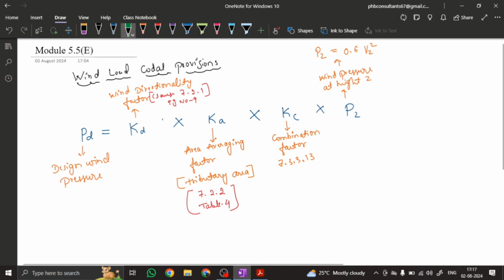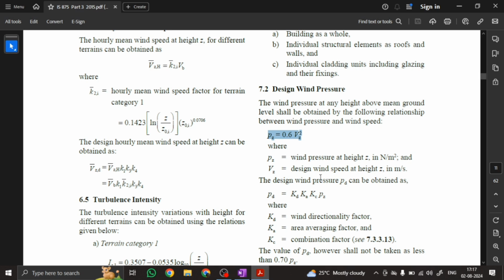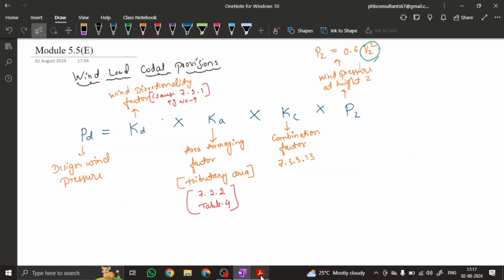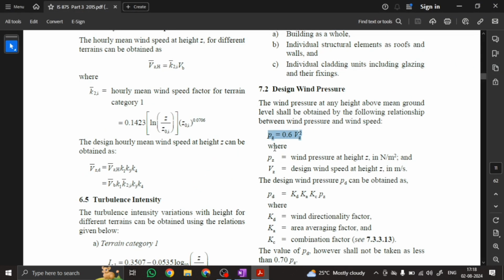Now what do you mean by this VZ? VZ is design wind speed at height Z.